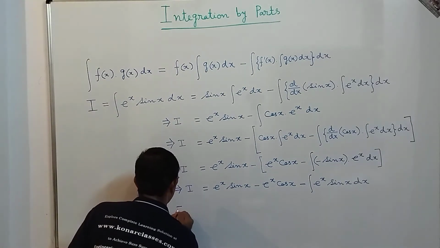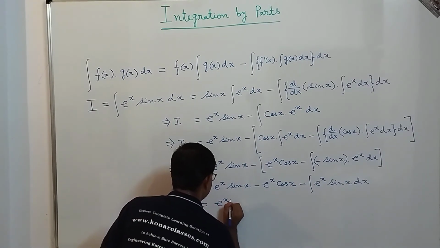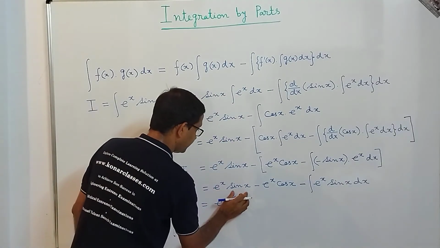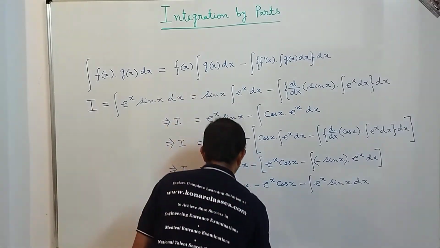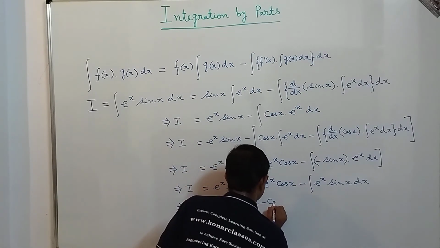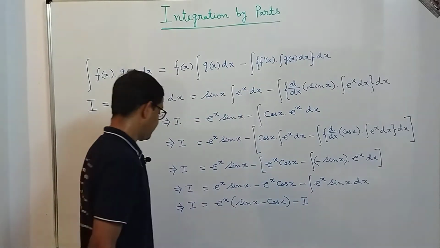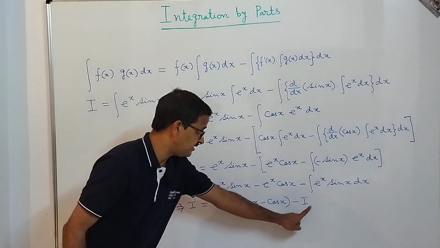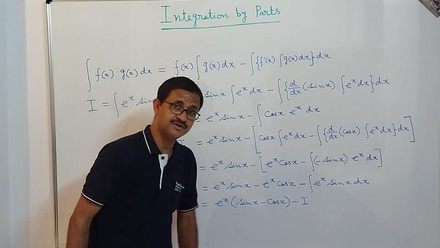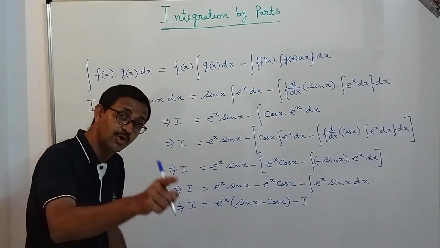From here we can write that I is equal to e^x sin x minus e^x cos x. We took e^x common, so e^x into (sin x minus cos x) minus I. This minus I is nothing but minus of integration of e^x sin x dx. So this minus I we can take to the left hand side, and it becomes 2I.